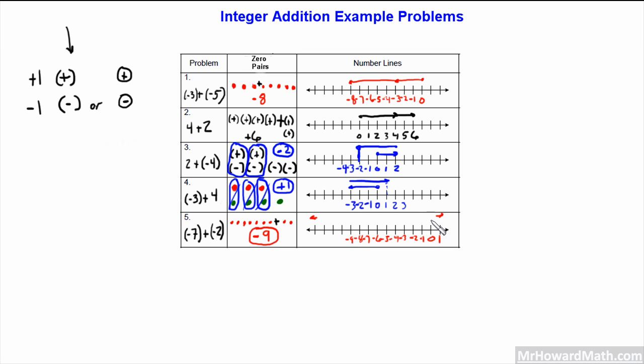Okay, so we're starting right here at 0. We're going 1, 2, 3, 4, 5, 6, 7 to start. And then we're going 2 more in the negative direction. So 1, 2. That takes us out to negative 9. Draw our little dash line so we can see that. Alright, and we are done.